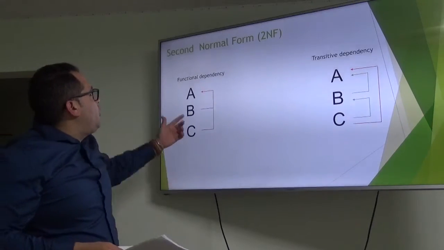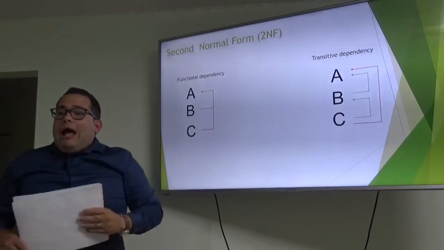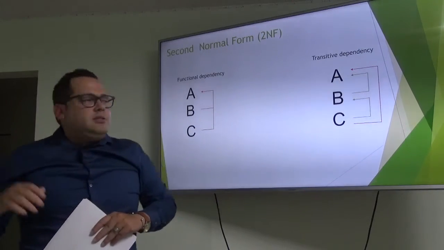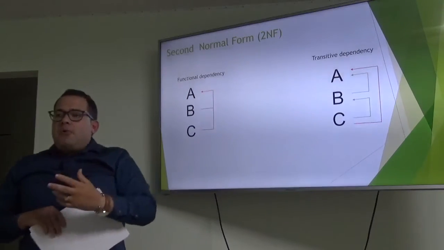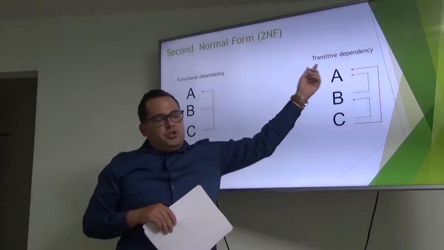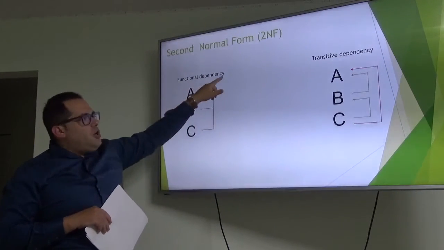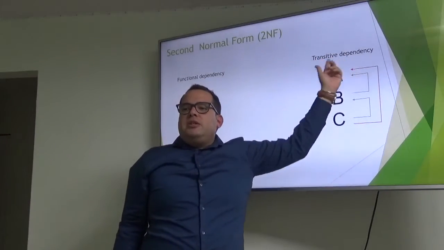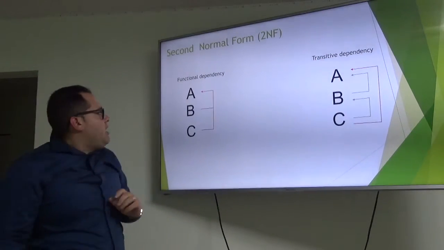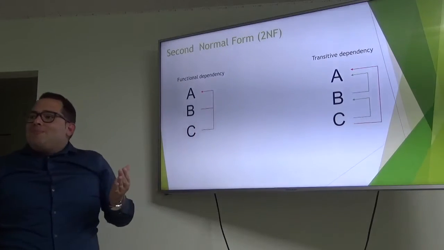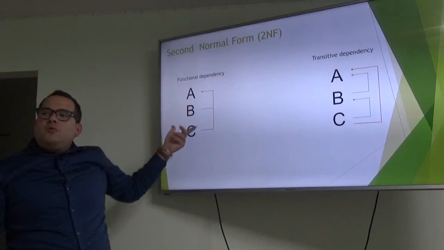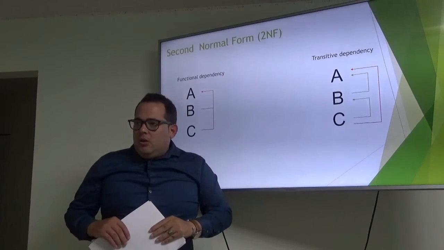We have the second normal form, and before studying that we must remember two definitions: what is a functional dependency and what is a transitive dependency, okay. Well, everybody, can someone explain to me what a functional dependency is?